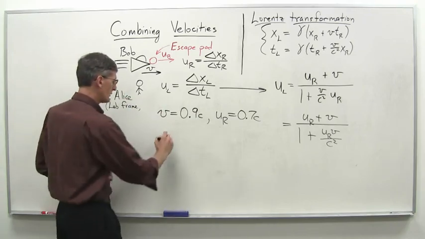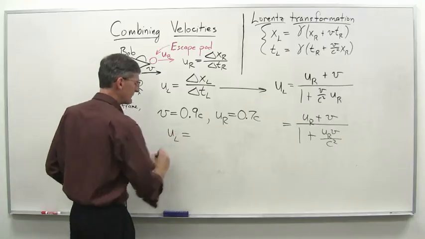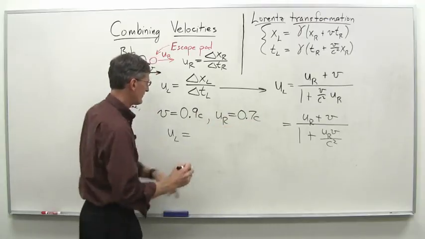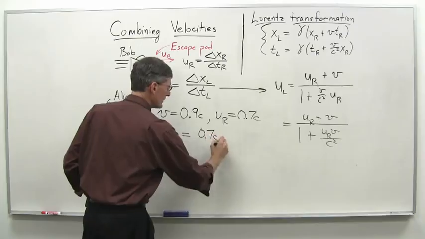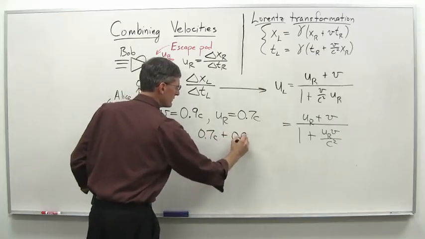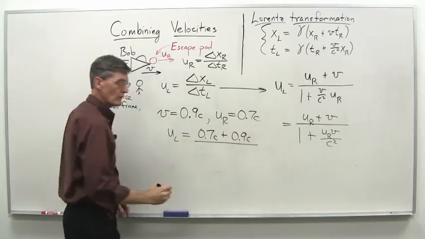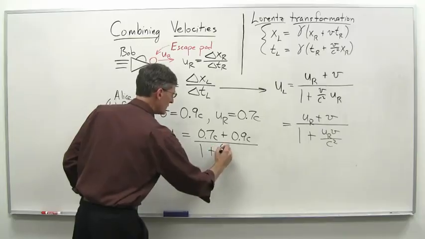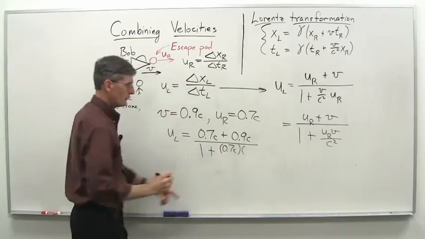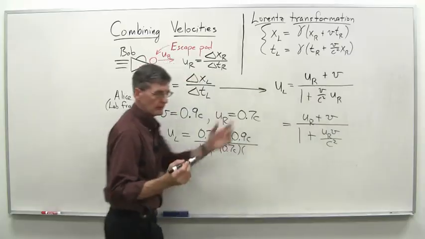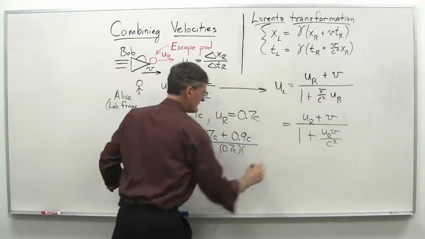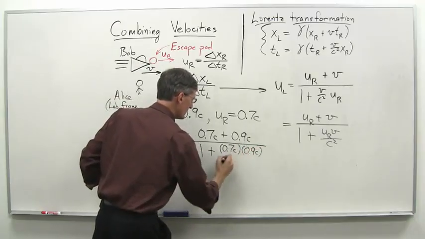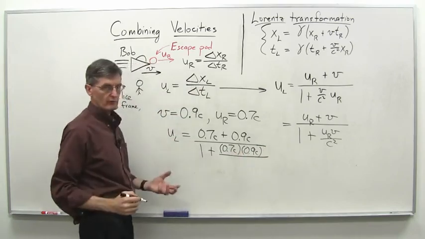So let's try out our formula here. We've got u sub L, the velocity in the lab frame that Alice is going to see. So u sub r is 0.7 c, plus v is 0.9 c. On the bottom, we've got 1 plus u sub r, 0.7 c, times v, 0.9 c, all over c squared.